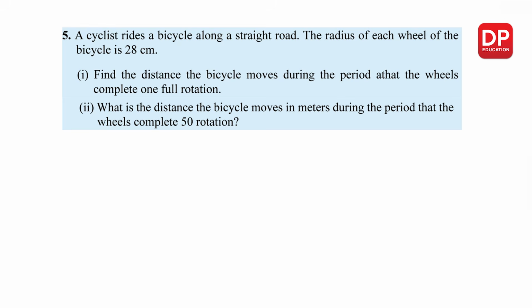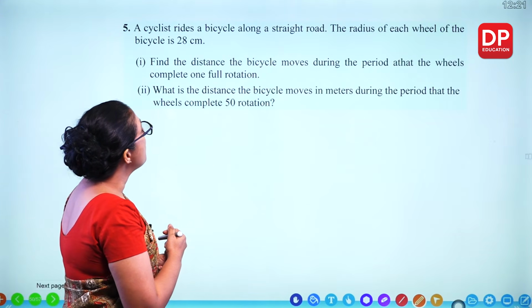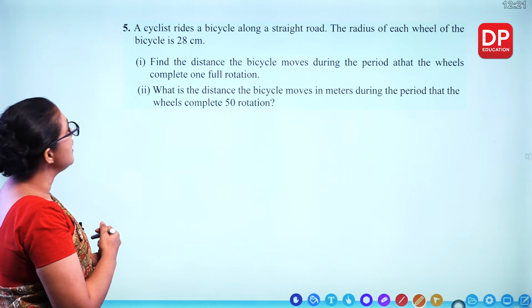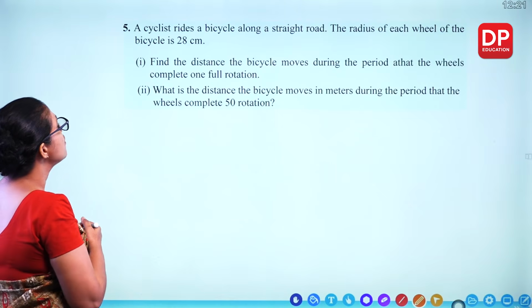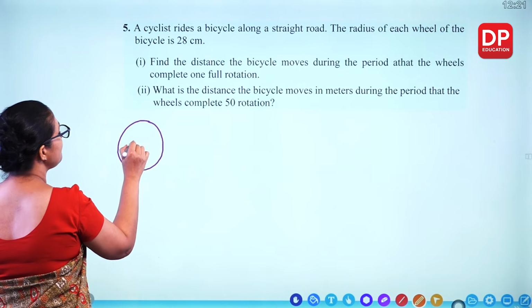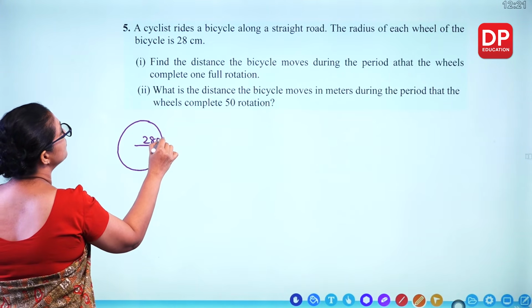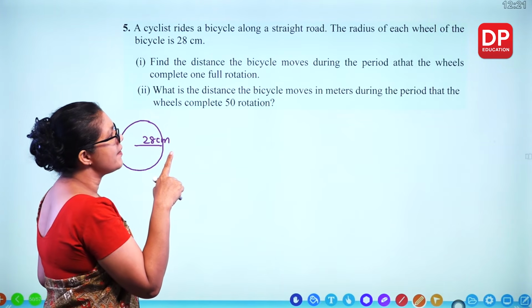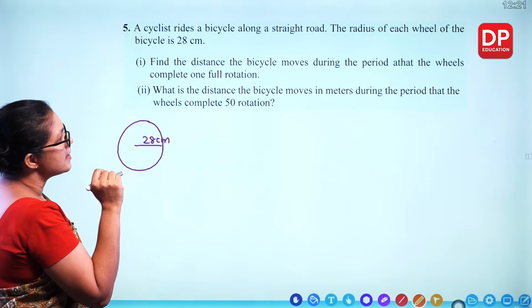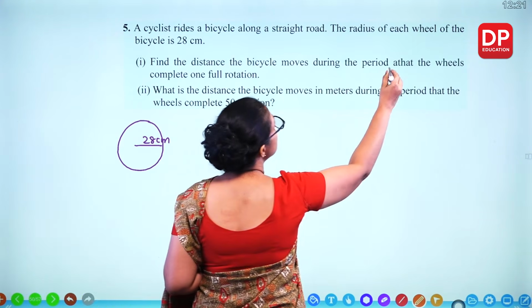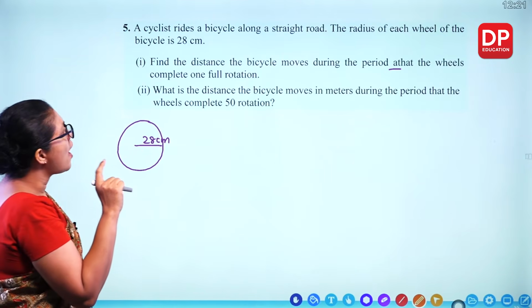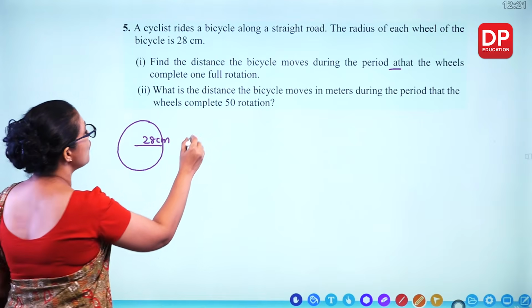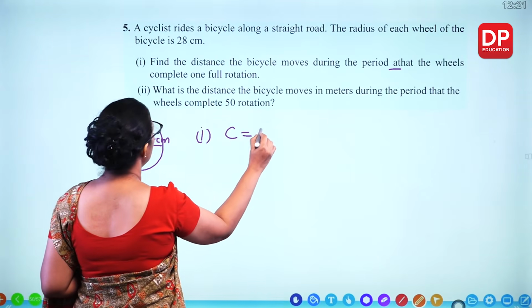Question number 5. A cyclist rides a bicycle along a straight road. The radius of each wheel of the bicycle is 28 centimeters. Only the radius is given. Find the distance the bicycle moves during the period that the wheels complete one full rotation. So that means circumference of the wheel. So how do you find out the circumference? C equals 2 pi r.